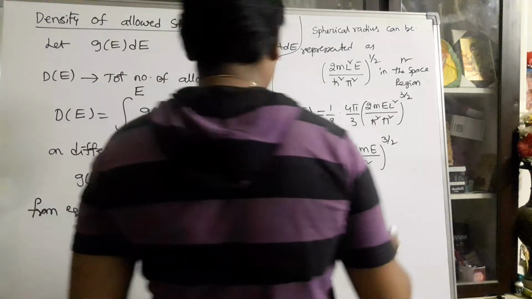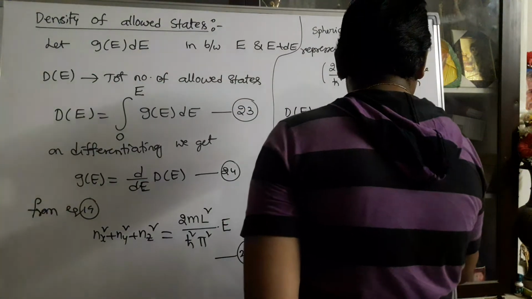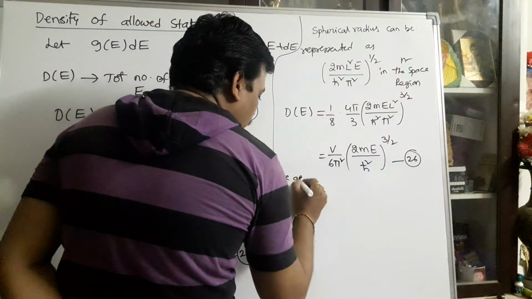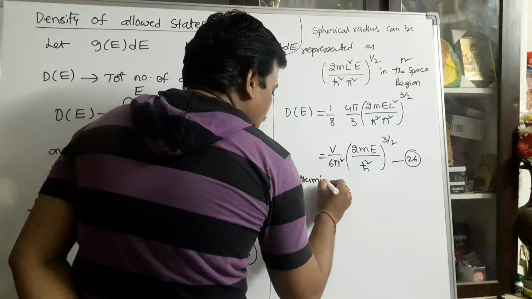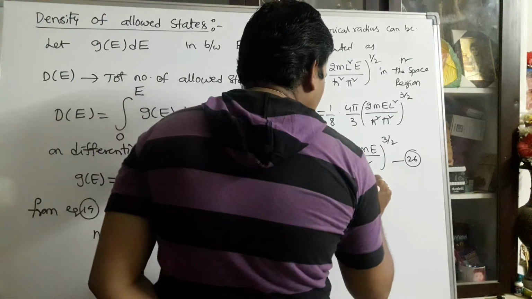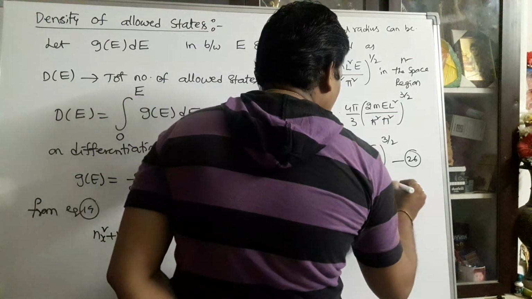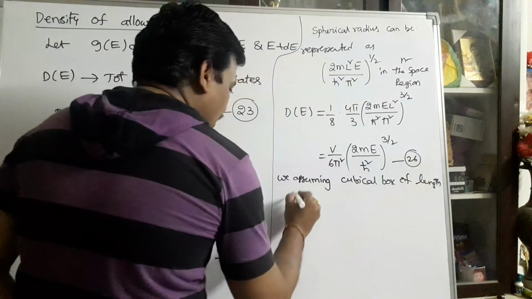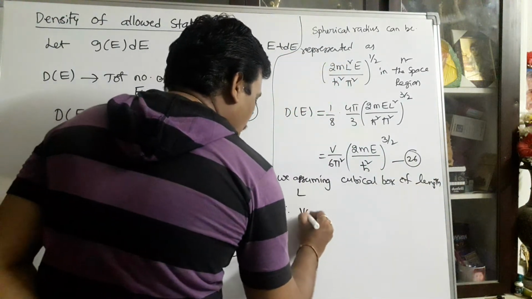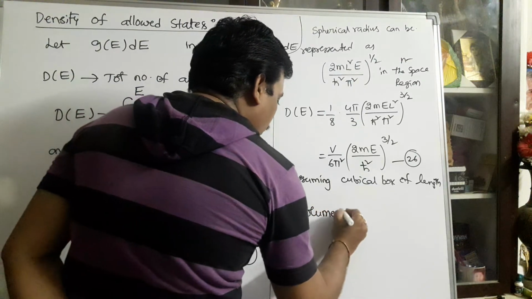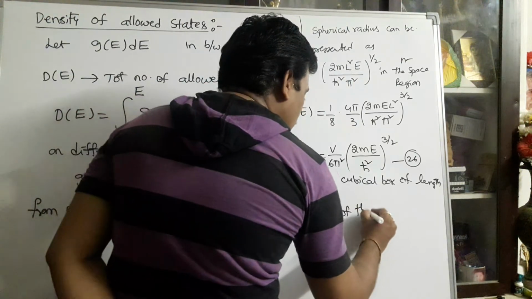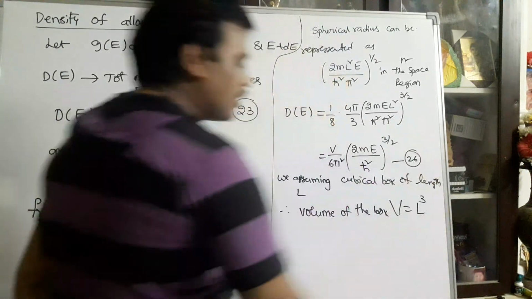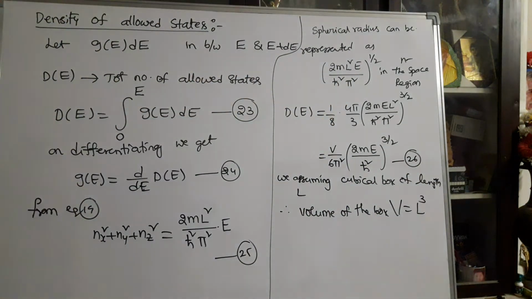This equation can be taken as your equation number 26. So we are assuming a cubical box of length L. So the volume of the box capital V is equal to L cube.